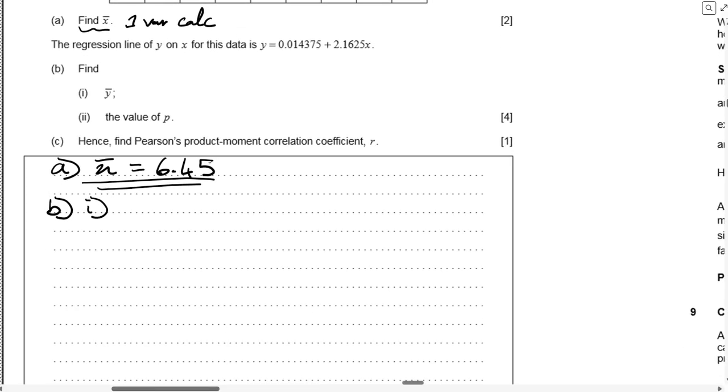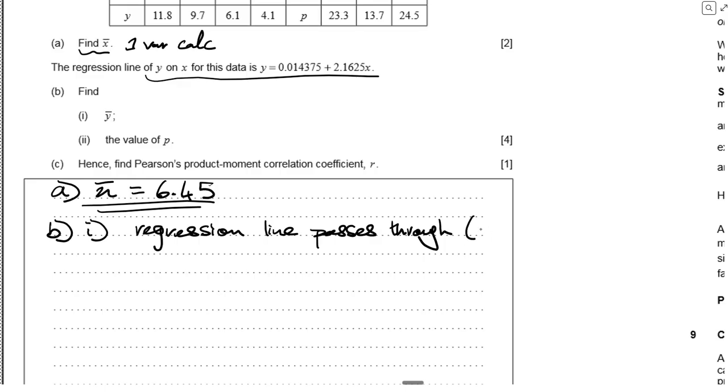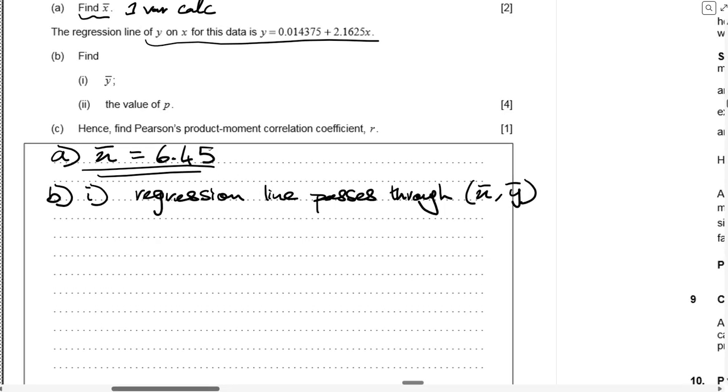And now we're asked to find the mean of y given we have the regression line. And what we know is that our regression line passes through our point x mean, y mean. So our averages, it passes through those two.